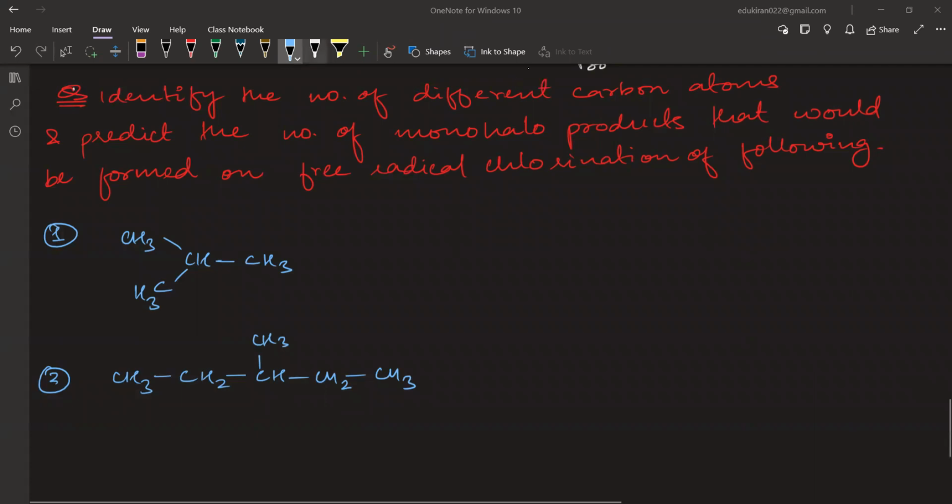All of you, please do this much first. Identify the number of different carbon atoms, and then send me in chat. Send me like this: 1, then how many; then 2, then how many.